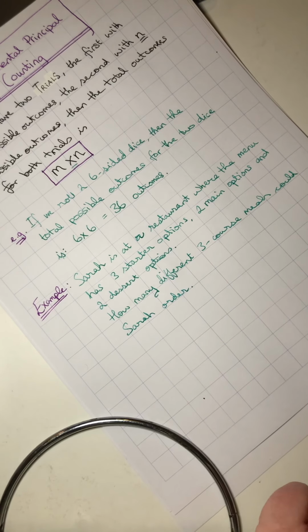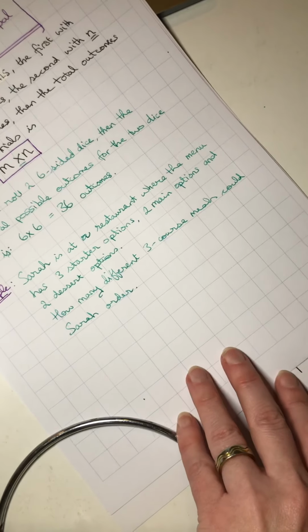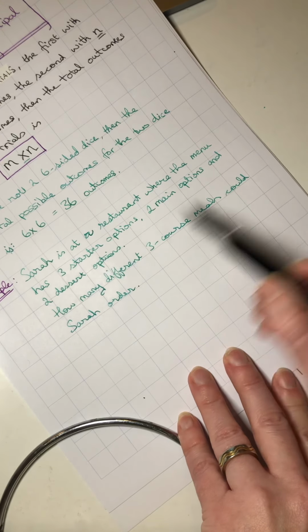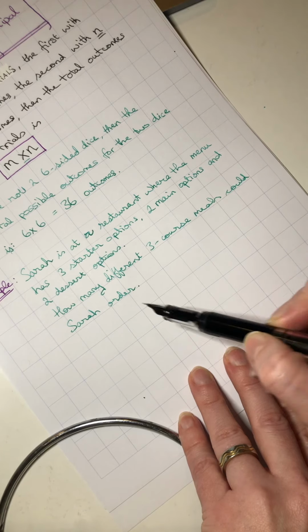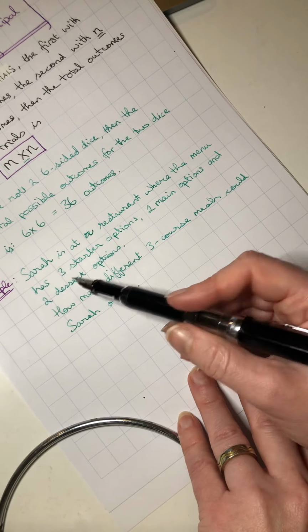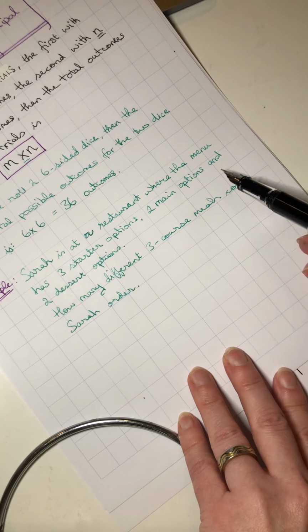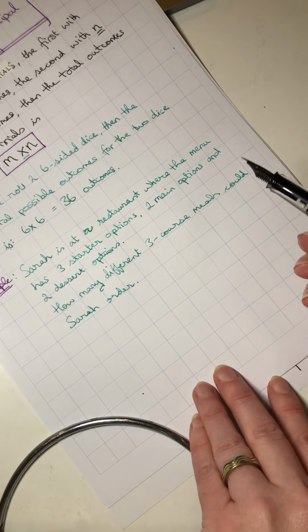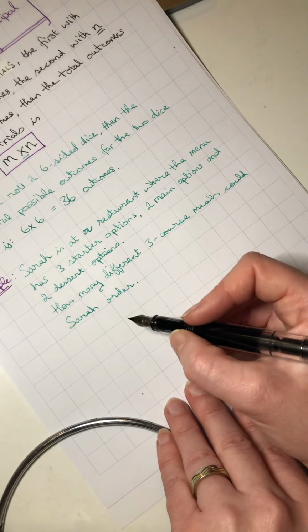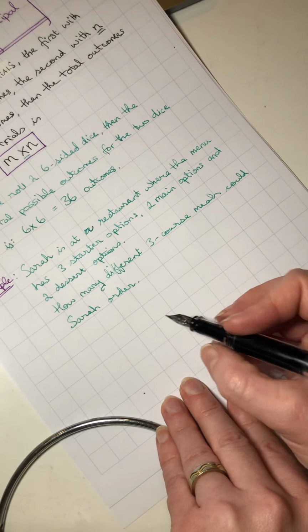Okay, well, the fundamental principle of counting tells us, so there are 3 outcomes for her starter, 2 outcomes for her main, and 2 outcomes for her dessert. If she was picking them at random, you can treat these just like probability. And the fundamental principle of counting tells us that we must multiply those options together, multiply the outcomes together.